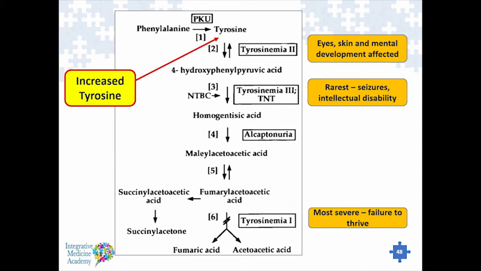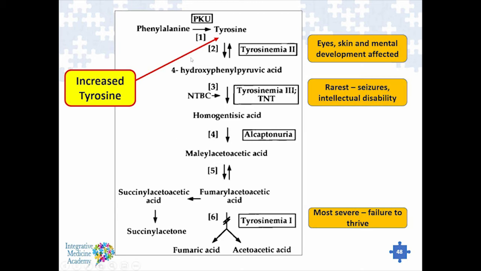There are three different types: tyrosinemia 1, 2, and 3. Tyrosinemia 1 is the most severe. These kids have a failure to thrive. Type 2 involves mental development problems and skin problems. And then the rarest form is tyrosinemia 3, where there's intellectual disability and seizures.